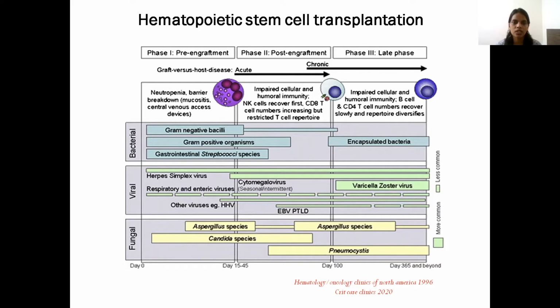In this phase, the chances of development of neutropenia are high, and hence the hosts are more prone to infection due to bacteria, mostly gram-negative bacilli, gram-positive organisms, and also gastrointestinal streptococcal species. In a minority of cases, viral infection, that is HSV, and Candida infection can also be seen. Then next is phase 2, the post-engraftment period.